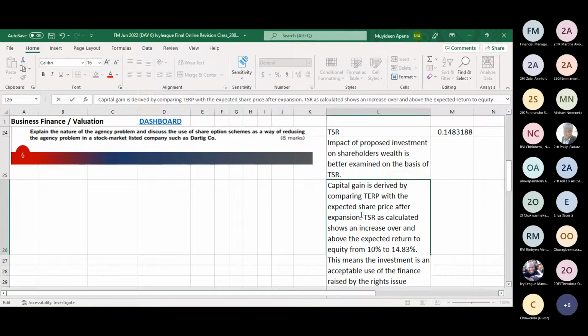And dividend is grown at the anticipated constant rate as calculated.